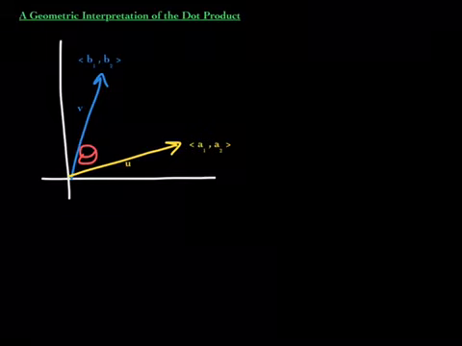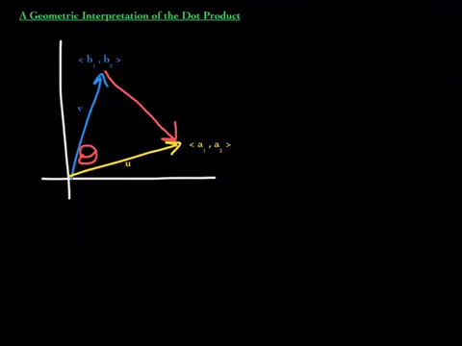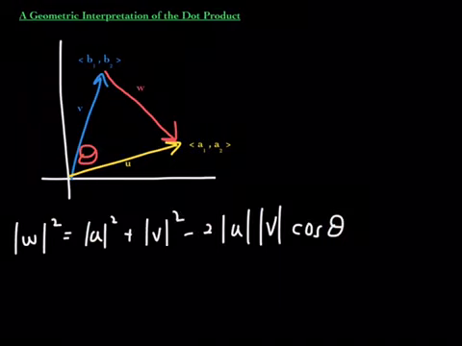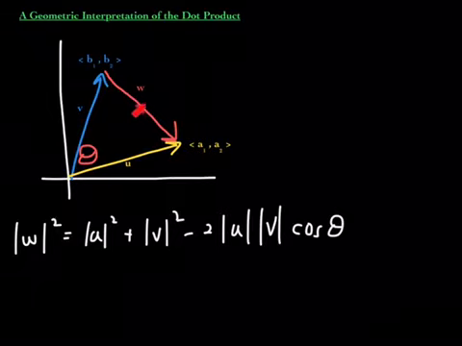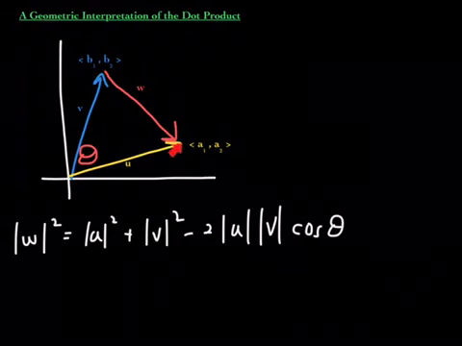Okay, so I can use the law of cosines. If I start from this terminal point and go to this terminal point here, draw that vector there, then the law of cosines will lead me to the following. By the way, I've labeled this vector, which has its initial point at the terminal point of vector v, and its terminal point at the terminal point of vector u.